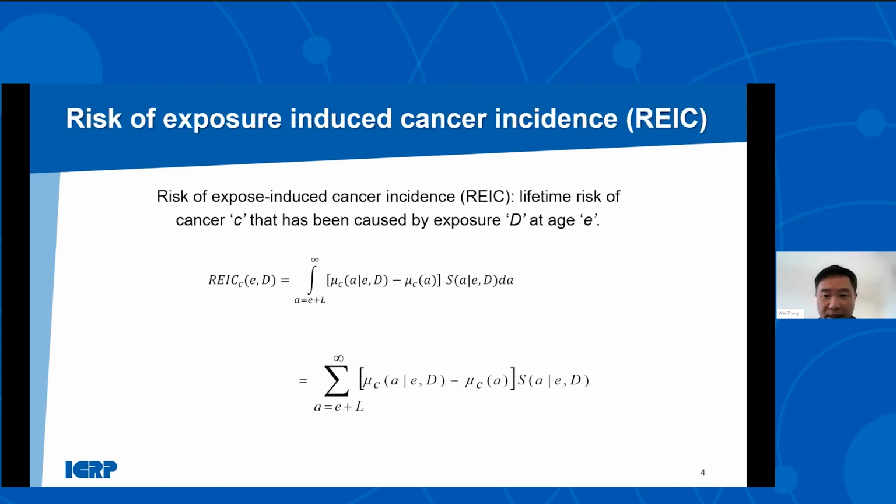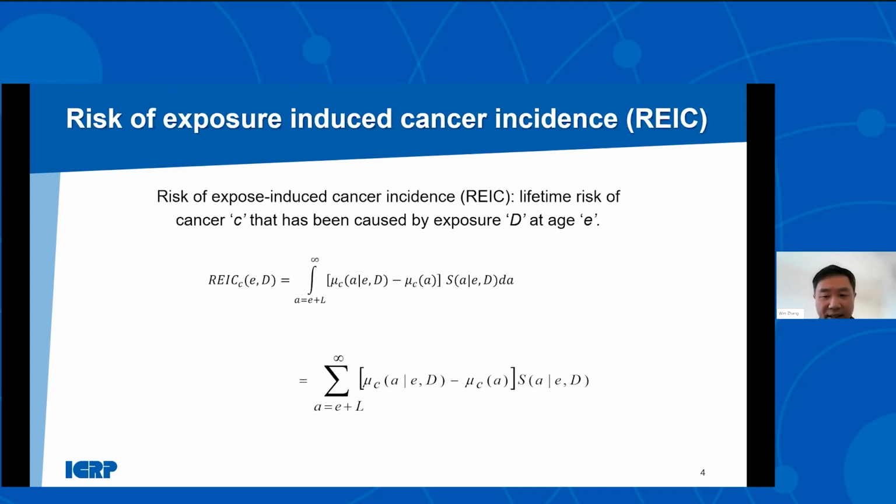Once we know the cancer incidence data without and with radiation exposure and the corresponding survival functions, we can use this equation for the lifetime risk calculations. We call it the risk of exposure-induced cancer incidence, REIC.